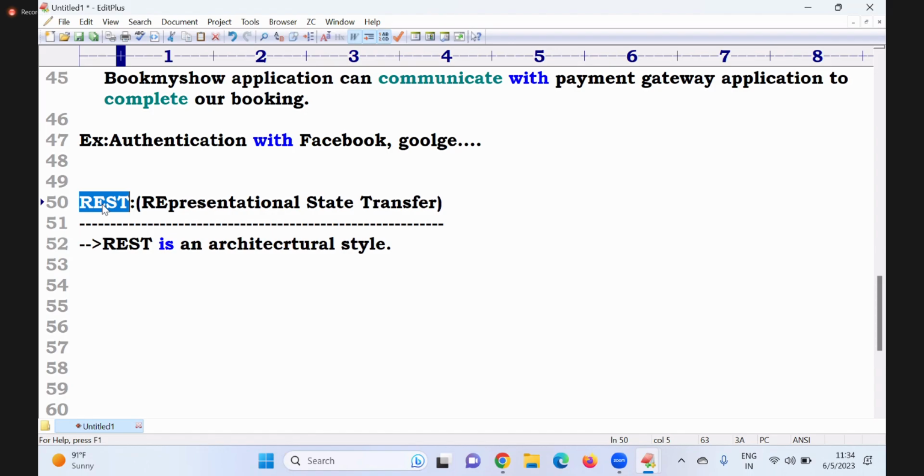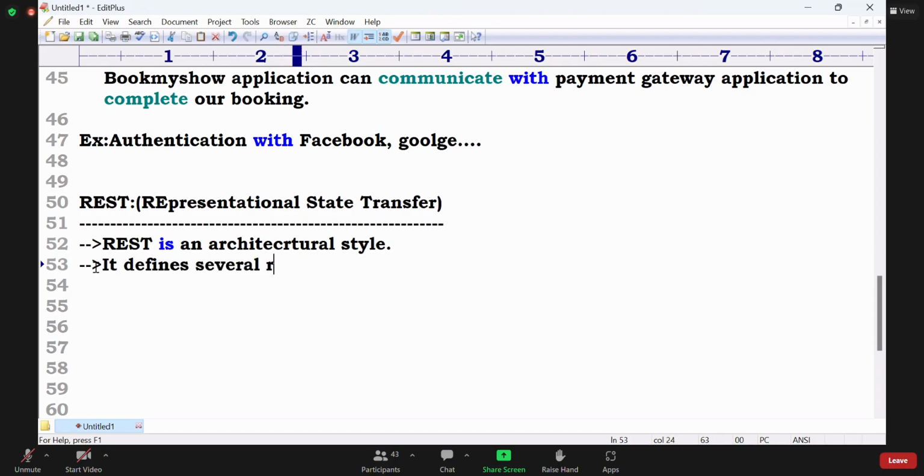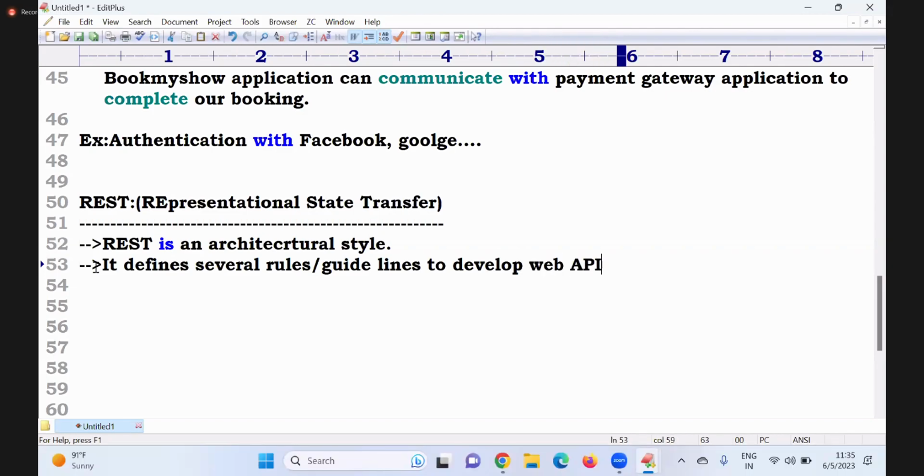Based on those rules, if I follow them, I create APIs. It is an architectural style, which defines several rules or guidelines provided to develop web APIs or web services.